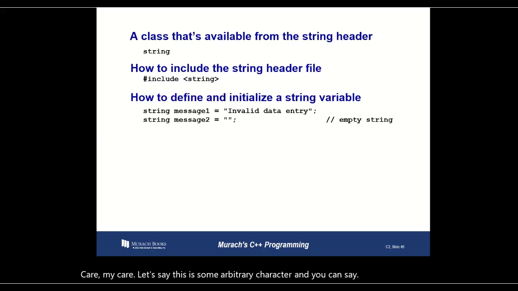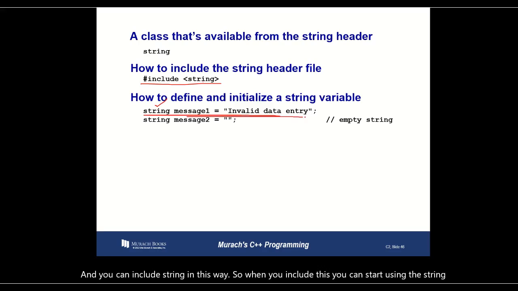Okay, but there is a different text data type that is called string. It's an object. It's defined by a class. Class is a blueprint of an object in C++. So string is defined in a class, and you can include string in this way. So when you include this, you can start using the string data type, and you see this is a fully functional text. The difference between character and string is that char contains just one character, a.